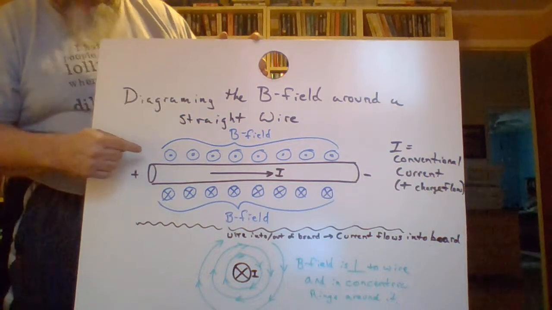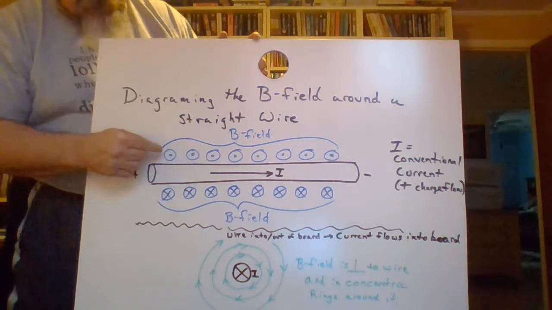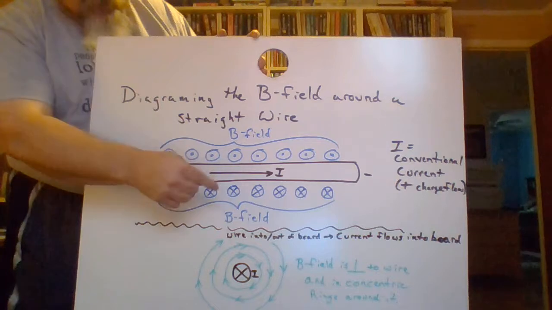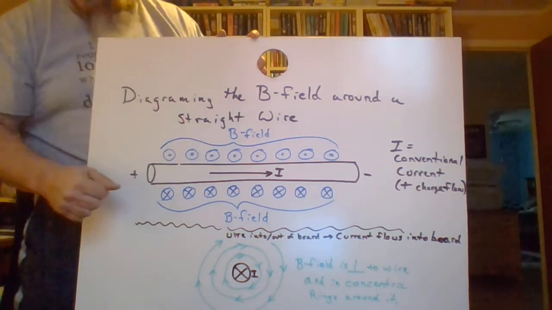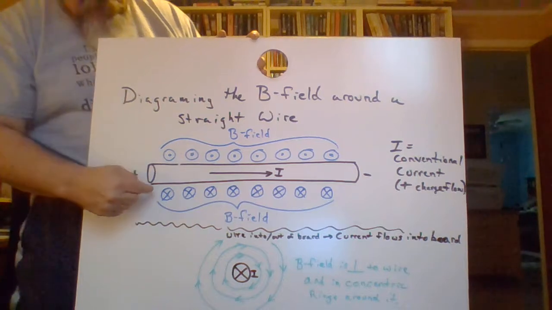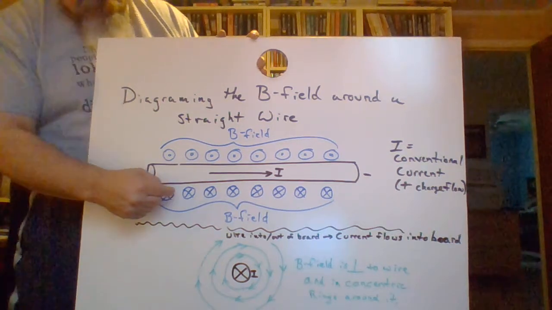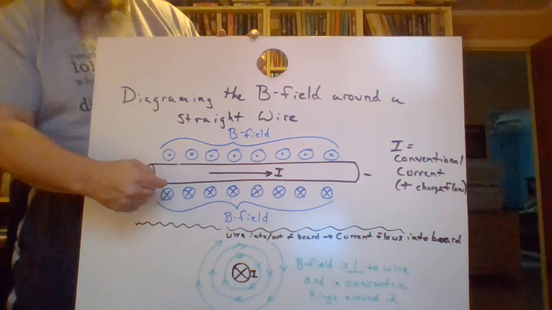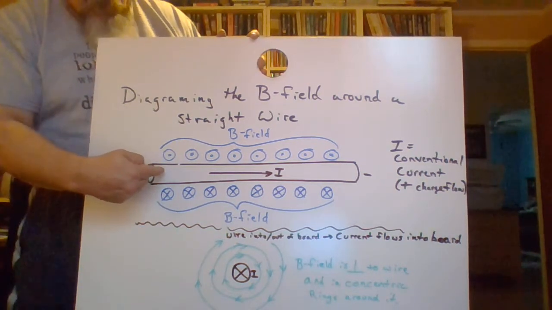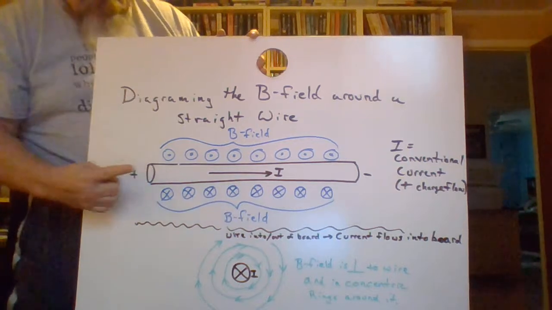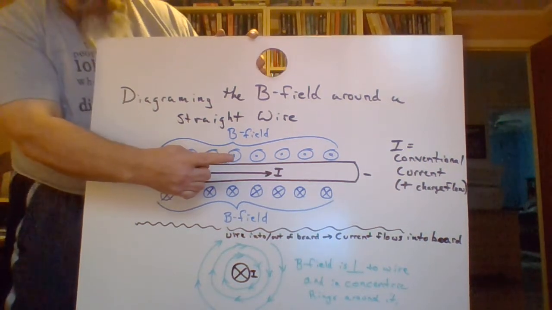Now, if I were to try and put compasses all around this wire as the current is flowing, what I would notice is compasses down on the bottom over here would always point into the board compared to the wire. Notice that that's perpendicular to the motion of the current.